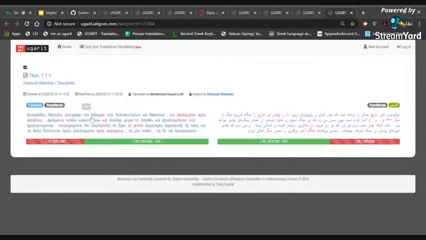I use ton polemon with Jangi Ra in Persian, because Jangi means war, and Ra is a postposition that shows that Jang, war, is in the accusative, in a way.